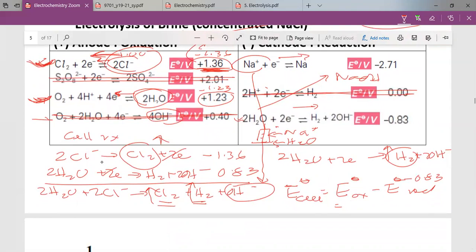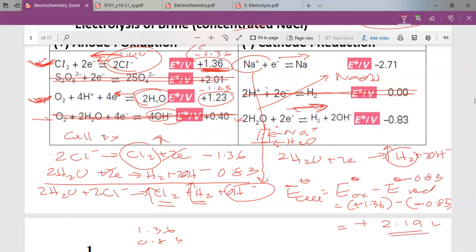So here's plus 1.36 minus, and here is a reduction, so it's minus 0.83. So a total of how much? 1.36, 0.83 is positive 2.19. You need this voltage to overcome it.